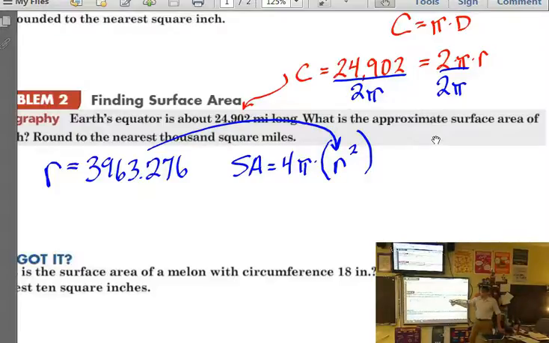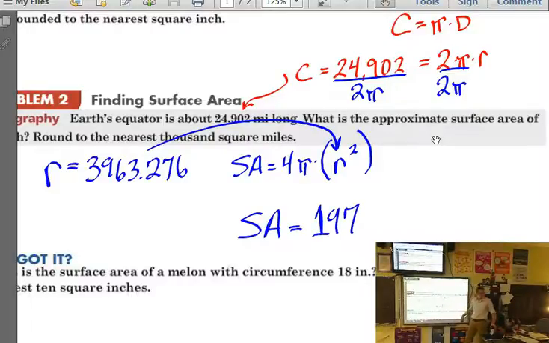So leave it in there, square it immediately, then multiply by your 4 and multiply by your pi. And of course, you can multiply by 4 pi at the same time if you choose. Our surface area comes out to be approximately 197 million. Well, there's more: 197,387,017.